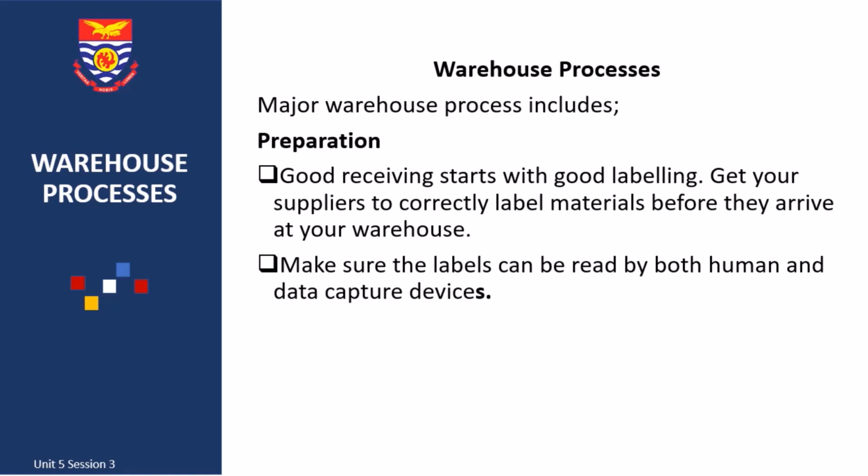So one key process is that goods are prepared, labeled, properly packaged, and then put in an acceptable form so that they can be stored or moved from one point to another in the warehouse, or so that all the other warehouse operations can be effectively and efficiently performed on the goods in the warehouse.